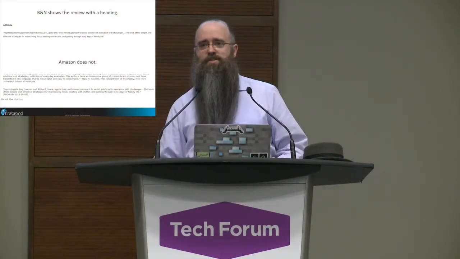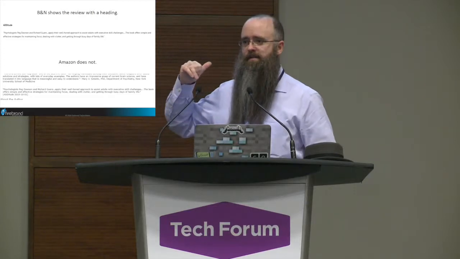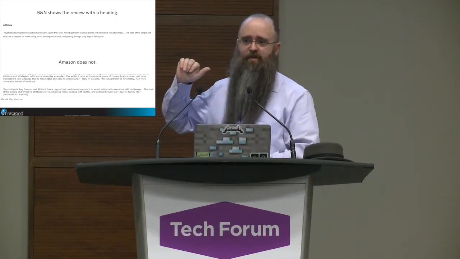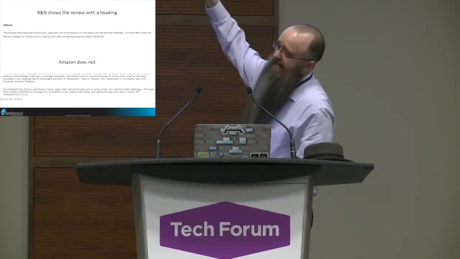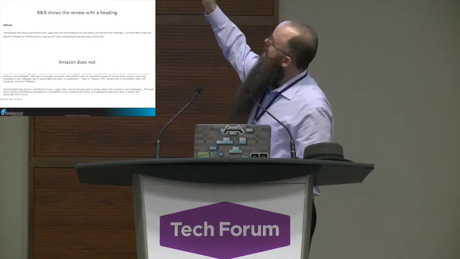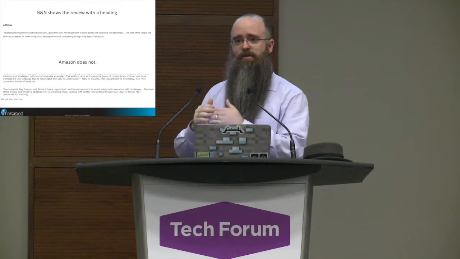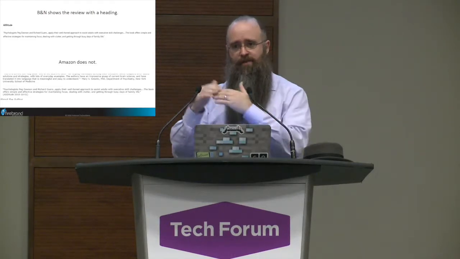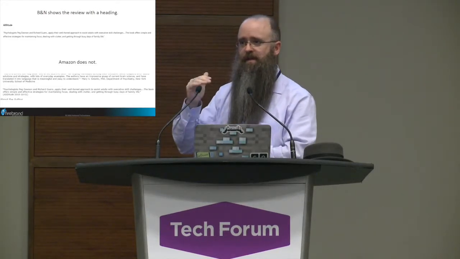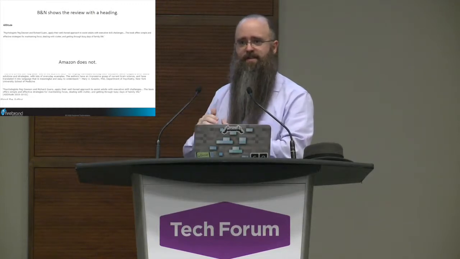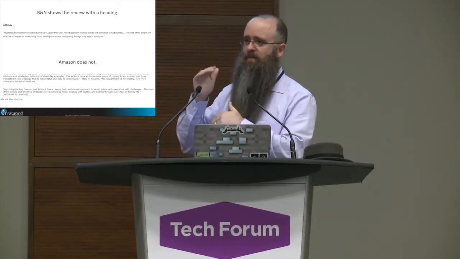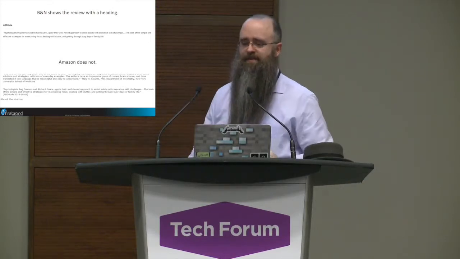If you do this, Barnes & Noble will actually show the information about that reviewer. So in this case, this is Attitude, which is a publication. They show it as a heading on their website, which is great because now if you separate all of your reviews out and do it all in the Onyx file as separate Onyx fields, you can actually have these little headings set up where every single one of them is kind of called out and really explicitly and looks really nice on the Barnes & Noble website.